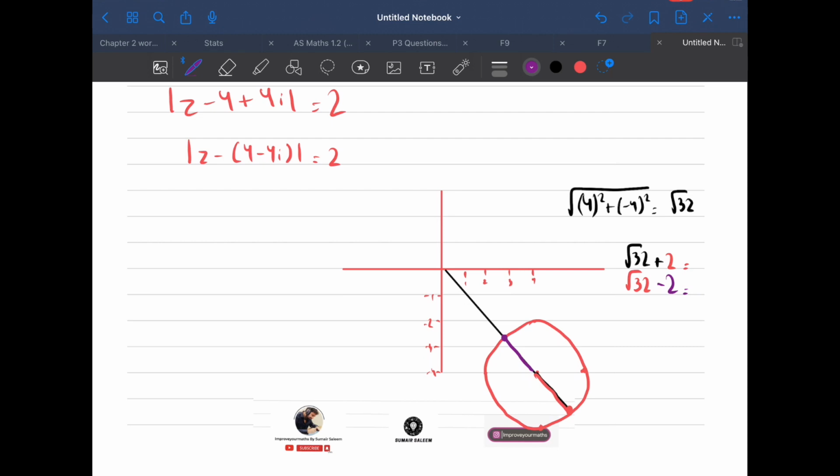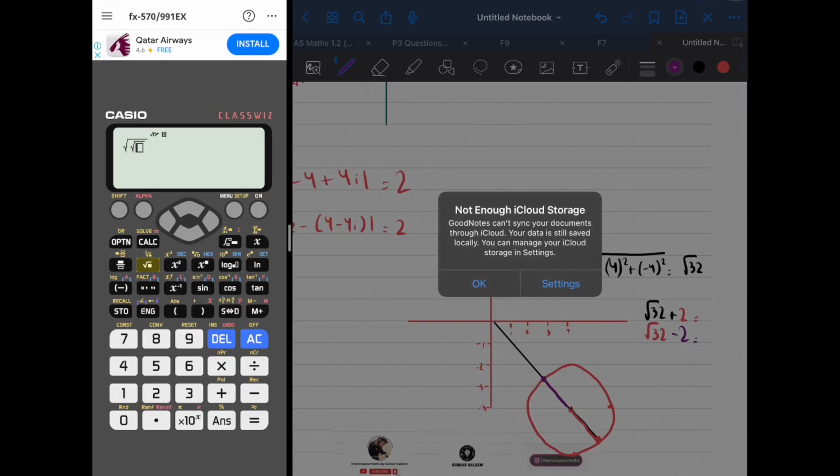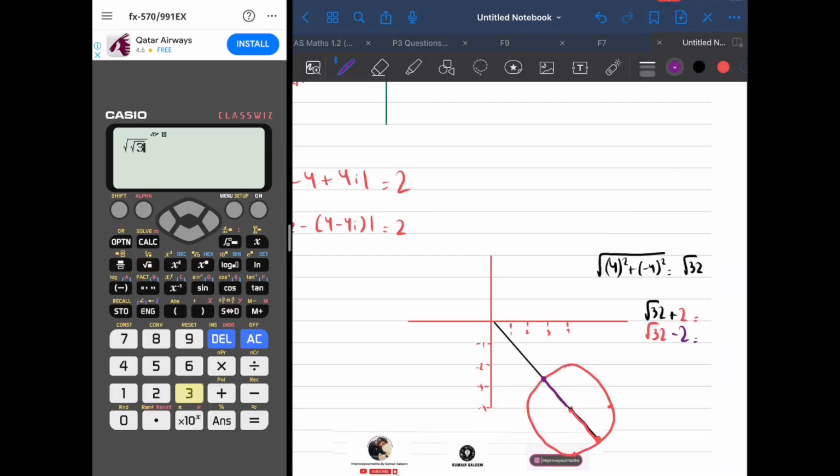So let's find out the answer. Square root of 32 plus 2. That's what? 7.6566.